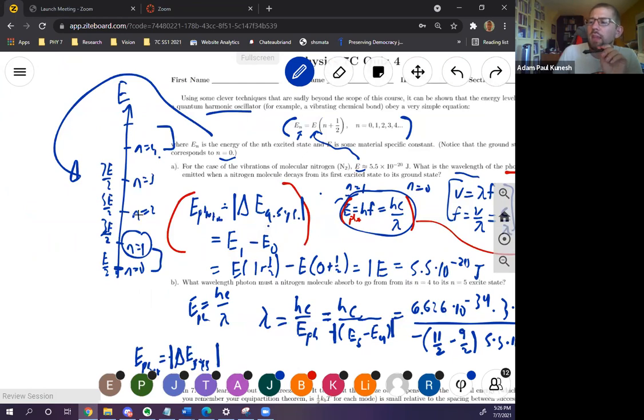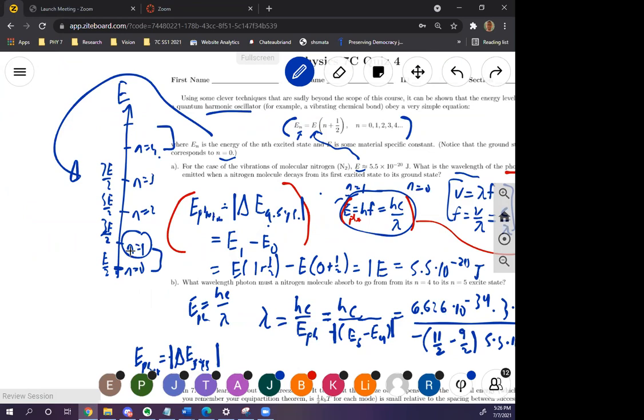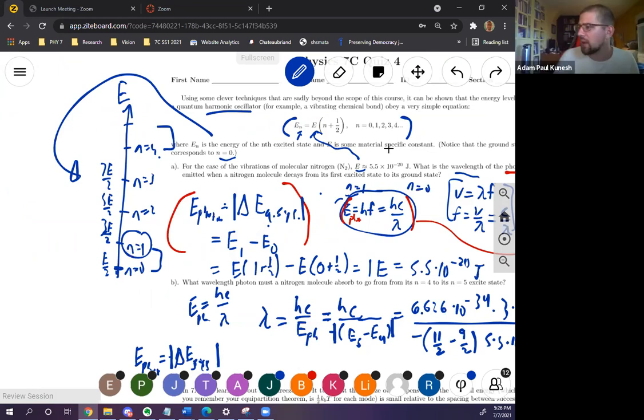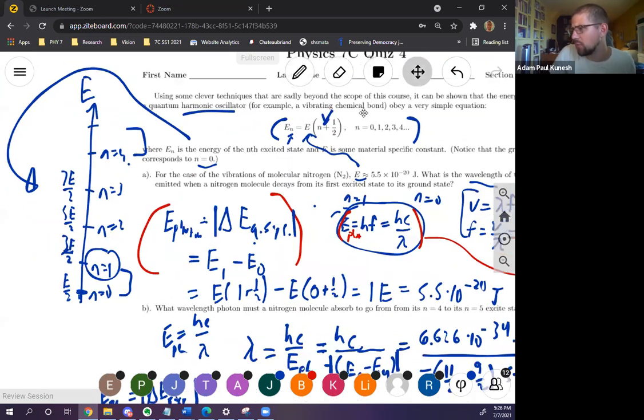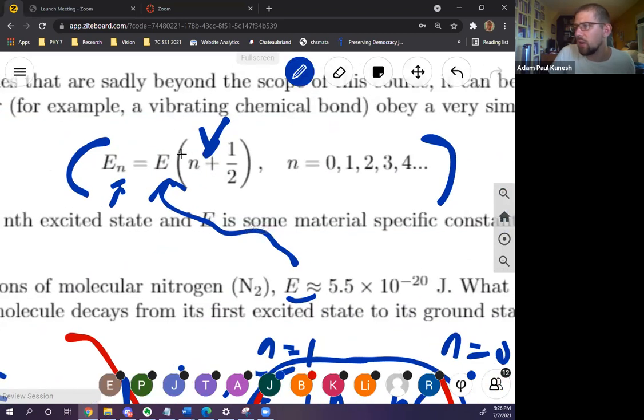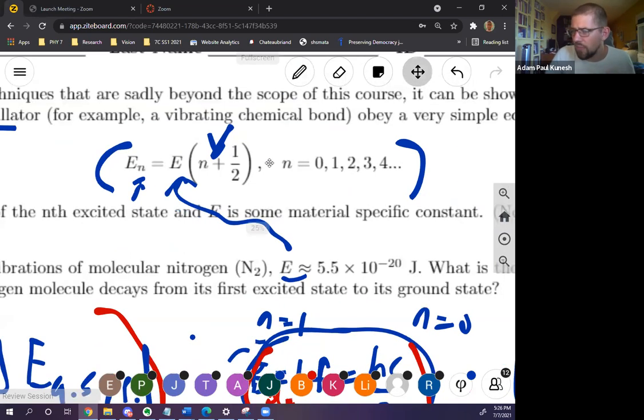Every level is equally spaced out from the next adjacent level. Yep. Okay. Thank you. Yeah, good stuff. Thanks. And I can kind of see that visually from this equation. So since the energy is linear, I should zoom in. Since the energy is linear with n, like it's not n squared or 1 over n or anything like this, it's just n, the energy levels are going to be linearly spaced.